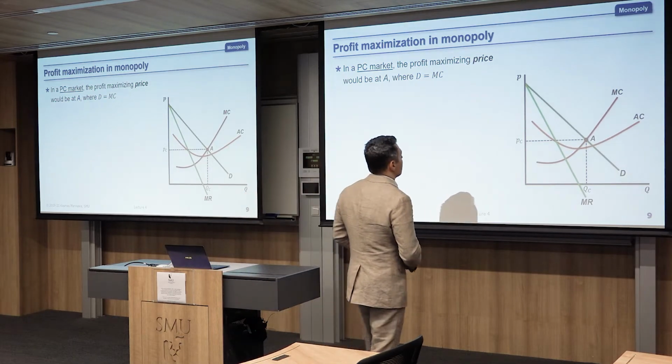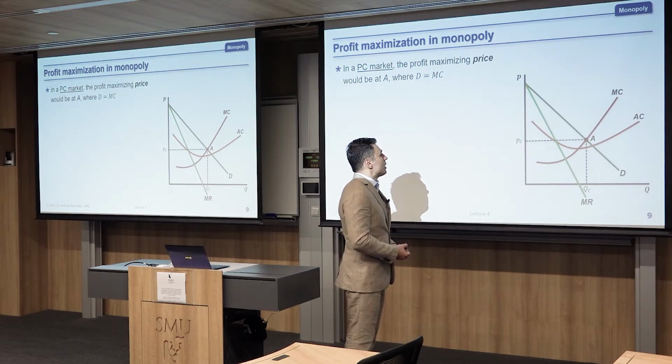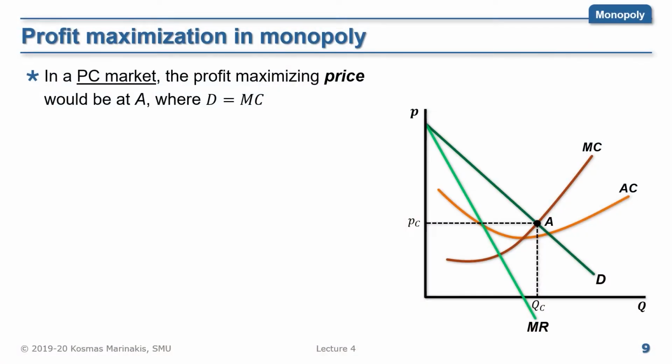Price is given by demand. Marginal cost is given by the dark red curve here. Their intersection happens at A. So if you were a perfectly competitive firm, then you would sell quantity QC at a price equal to PC given there, because this is what maximization of profit tells you to do.